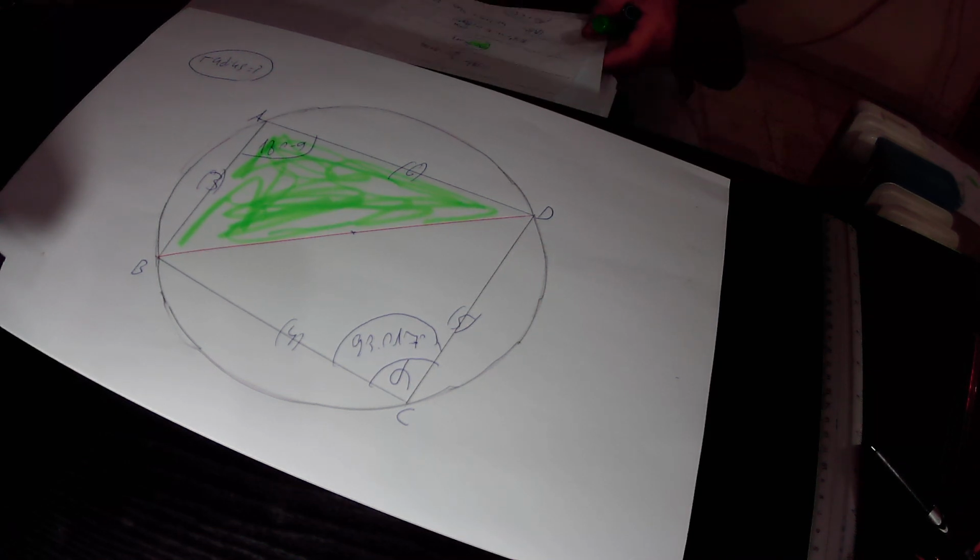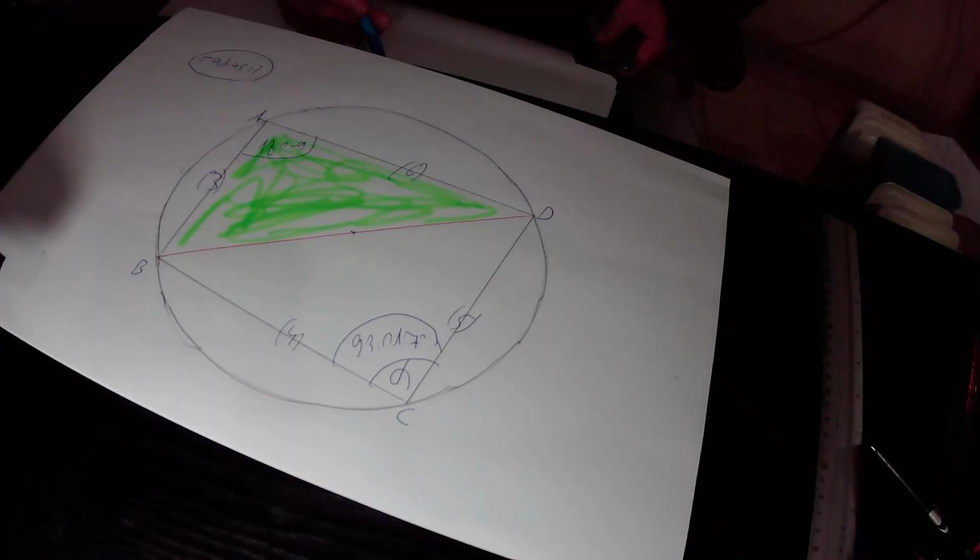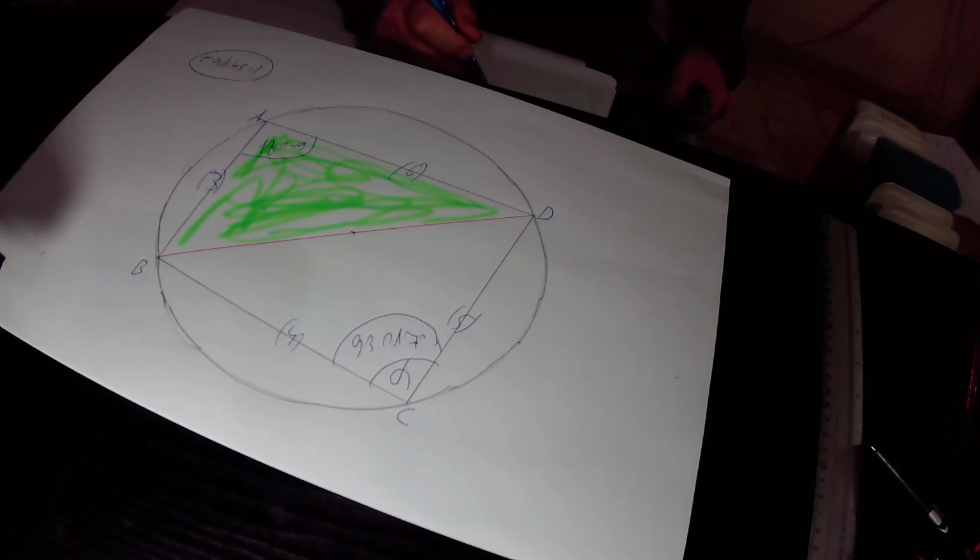According to equation 2, we already found that BD squared equals 41 minus 40 times cosine alpha.